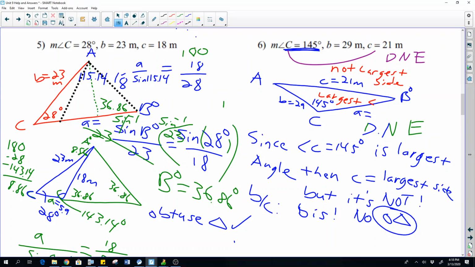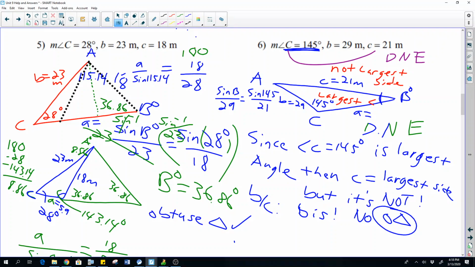I also wonder if we tried out our calculator if it wouldn't work either, right? So let's say we're just trying to find, you always want to try to find the angle opposite the one that's given. So let's try to find angle B. What we would do there is sine of B over 29, because the side they give us for little b is 29, set equal to sine of 145, which they give us, over 21.